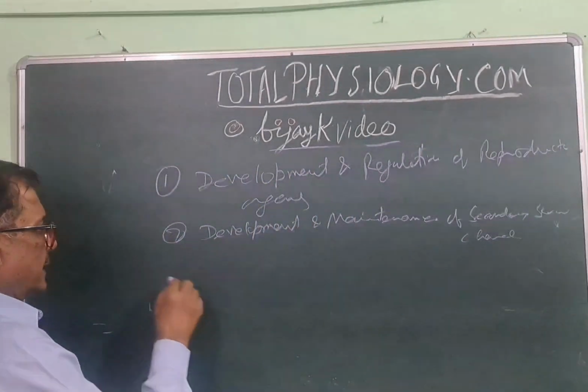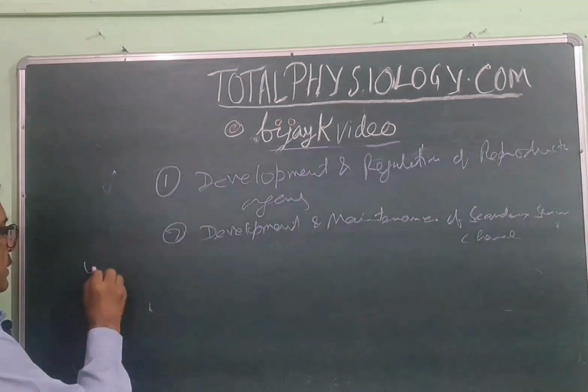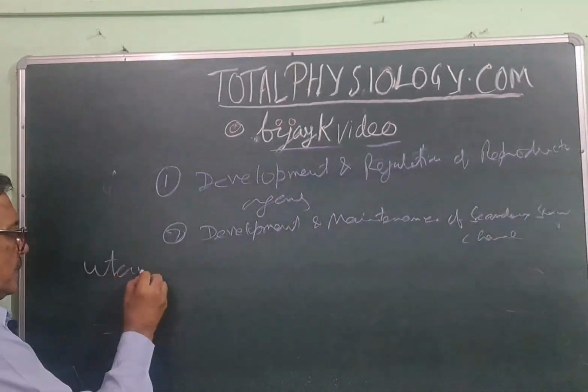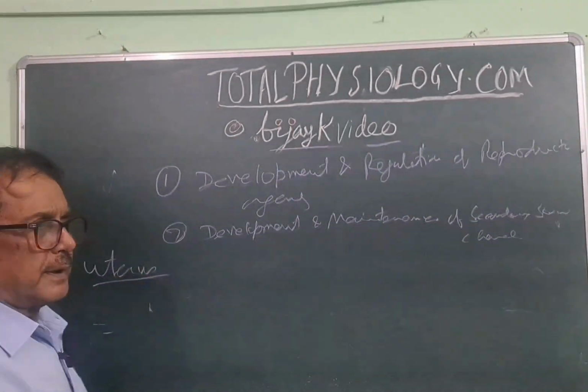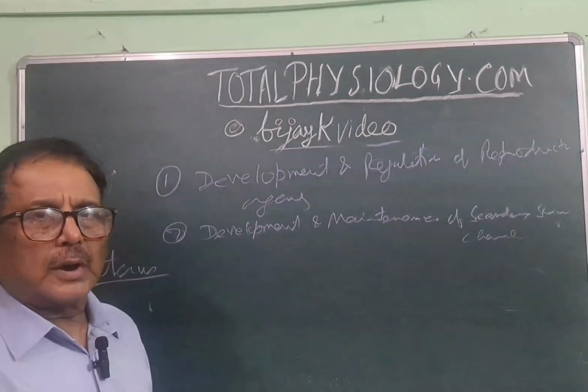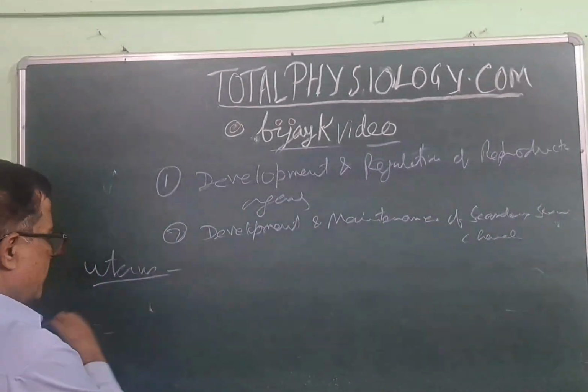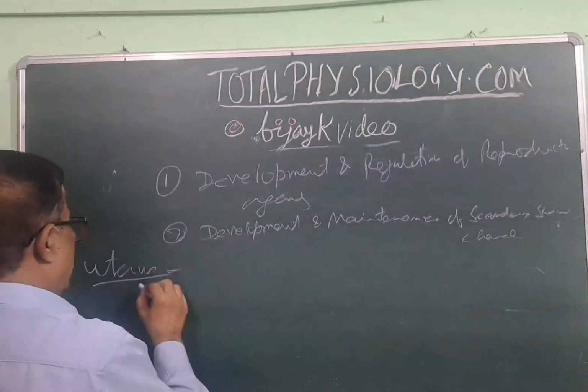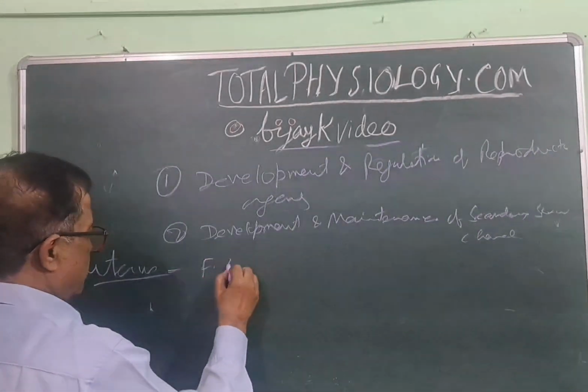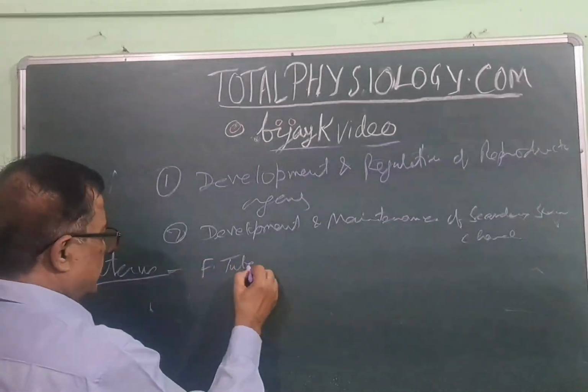So target organs are, number one, uterus. It causes increase in the size of the uterus. Then fallopian tubes.